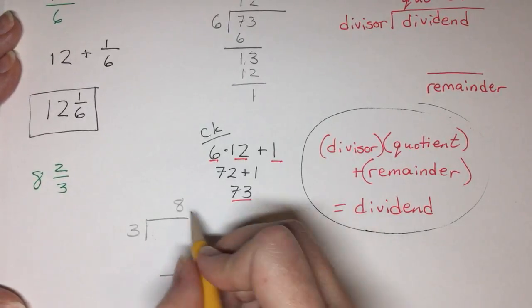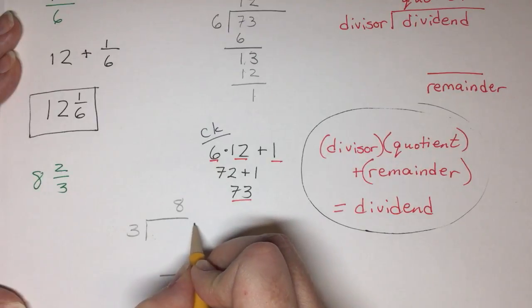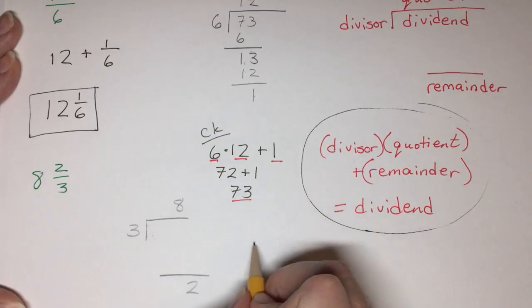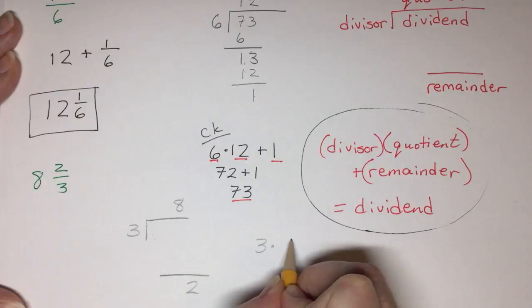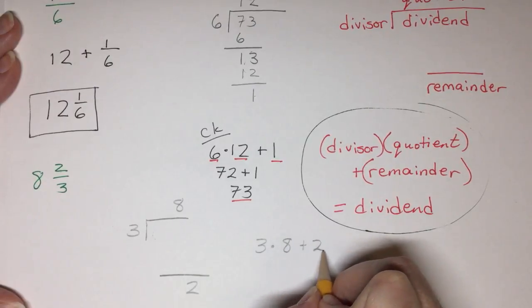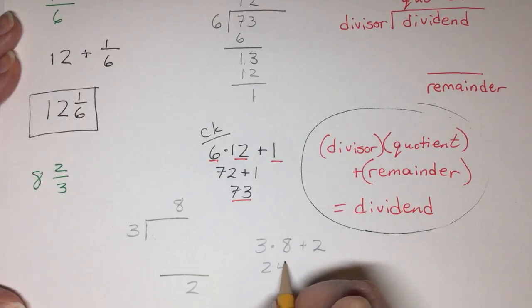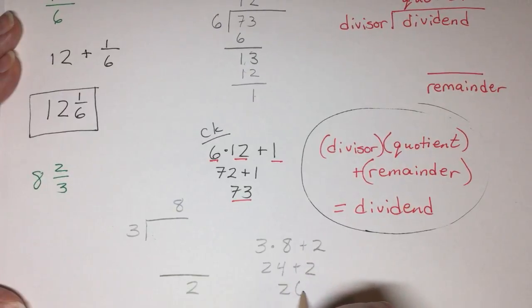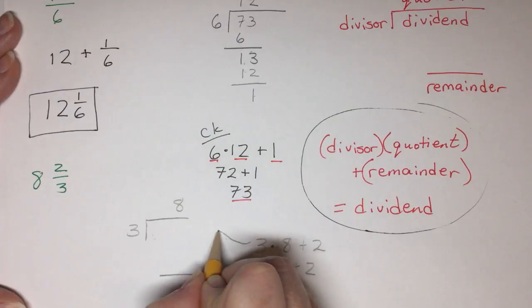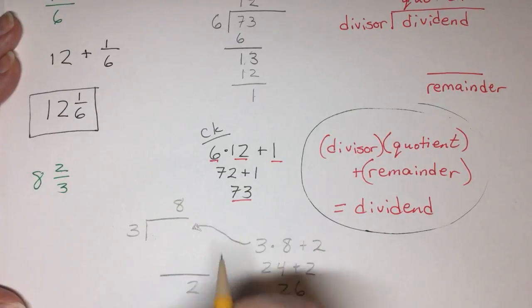So, if I were trying to figure out what my dividend was, it'll be 3 times 8 plus 2. 24 plus 2, 26. So this is what my dividend is.